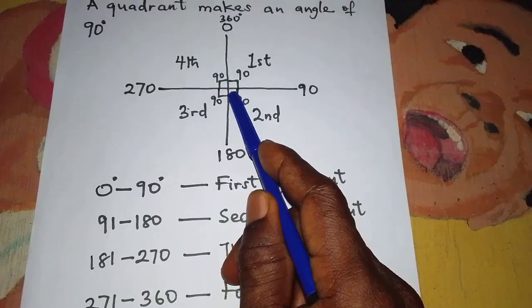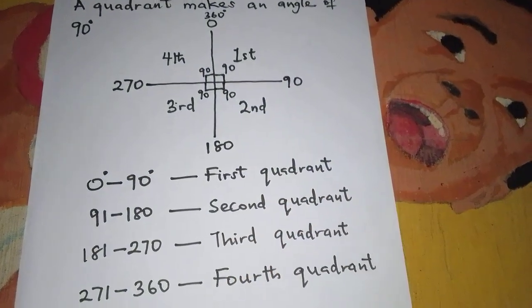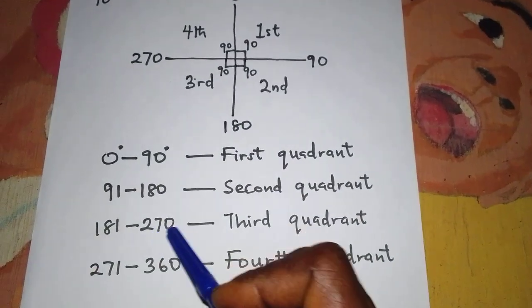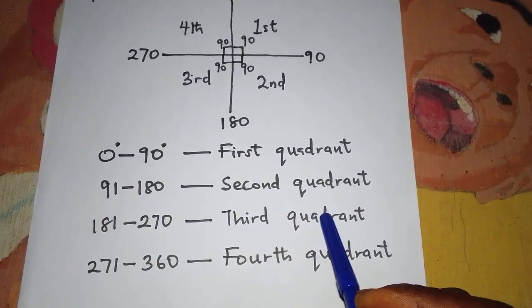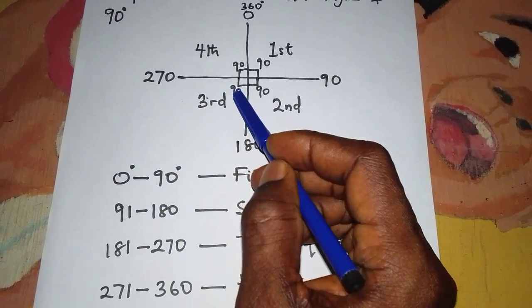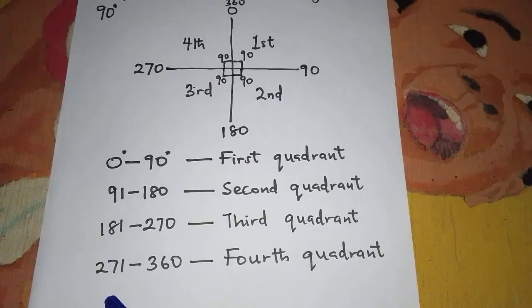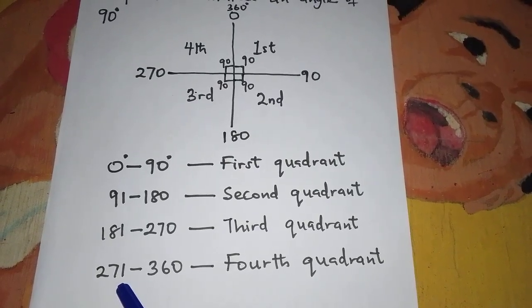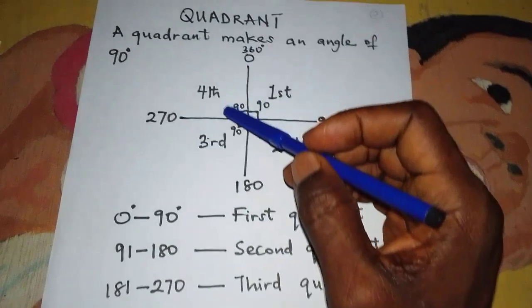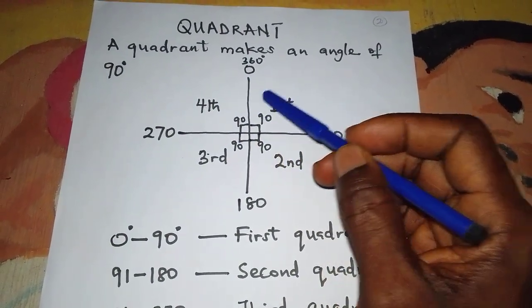The third quadrant starts from angle 181 to 270. So this is for the third quadrant. Then the fourth quadrant starts from 271 to angle 360 degrees. So this is for the fourth quadrant.